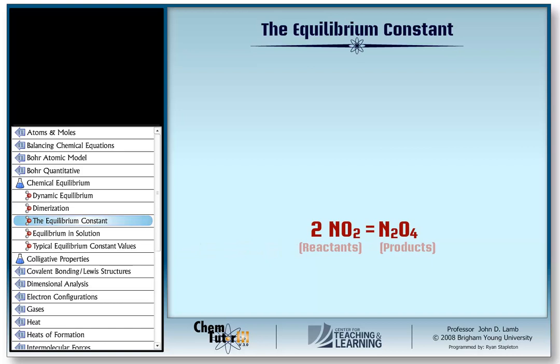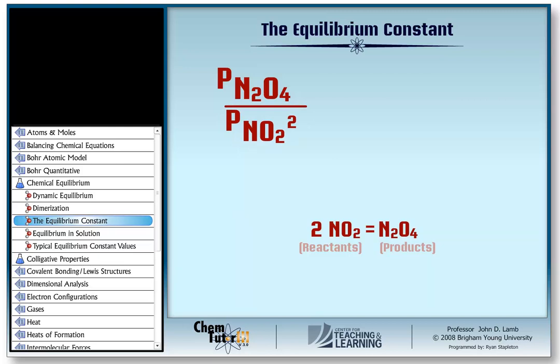We take the pressure of the product, in this case N2O4, raised to the power of its coefficient in the reaction, in this case 1. That is the numerator of the ratio. Now we take the pressure of the reactant, in this case NO2, raised to the power of its coefficient, in this case 2, and use it as a denominator. And that's the ratio that defines the equilibrium.